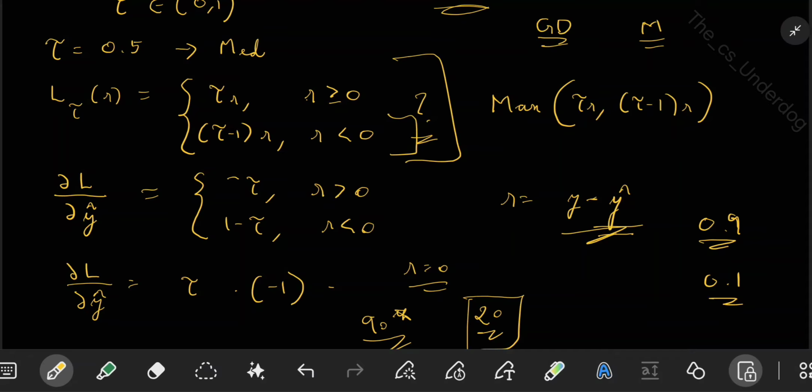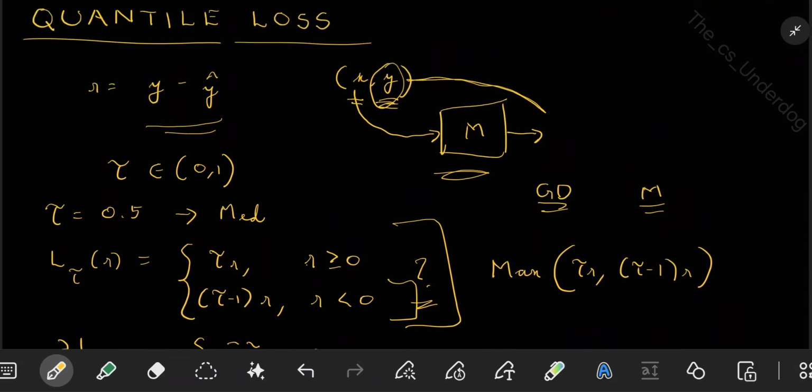So the fitted line, or fitted curve, will move upward to ensure 90% of actual points lie below it. This is the logic, right? Because it does that, you will automatically find the line at the 90th percentile. This is how quantile loss works. When do you use this? You use this whenever you want to find some particular quantile value instead of the central point, right?